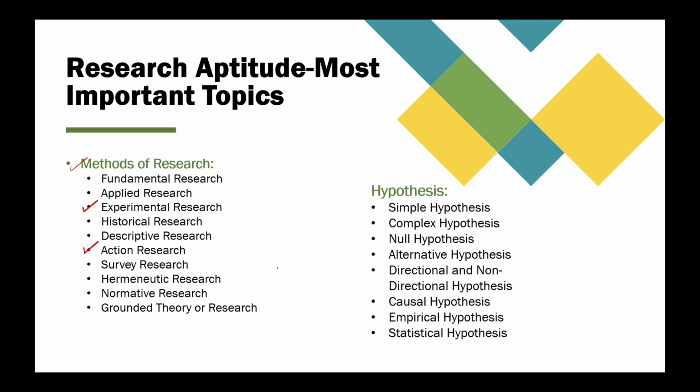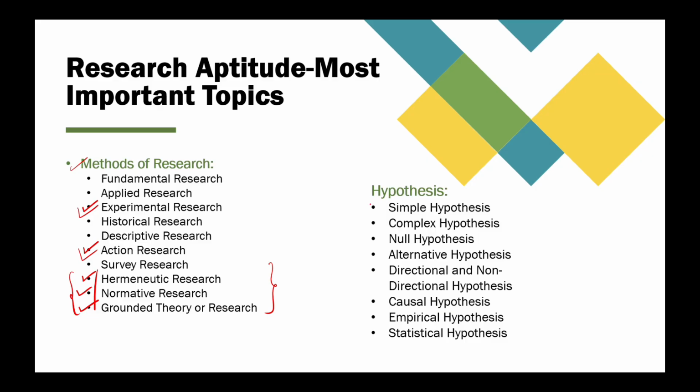And apart from the traditional ways of research, there are three types which UGC NET is nowadays focusing on: hermeneutic research, normative research, and grounded theory of research. These three are also very important and were recently asked in the Paper 1 examination. And apart from these three, action research and experimental research are the most asked topics. So please do revise these five research methods.